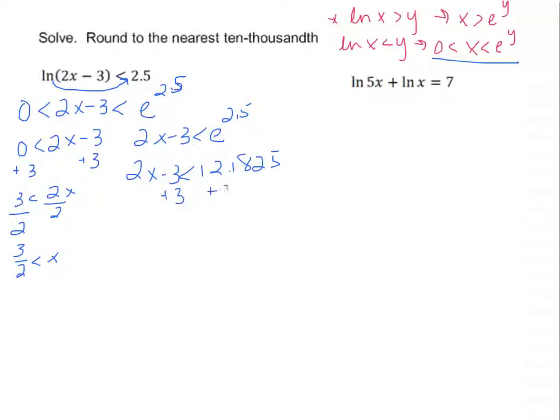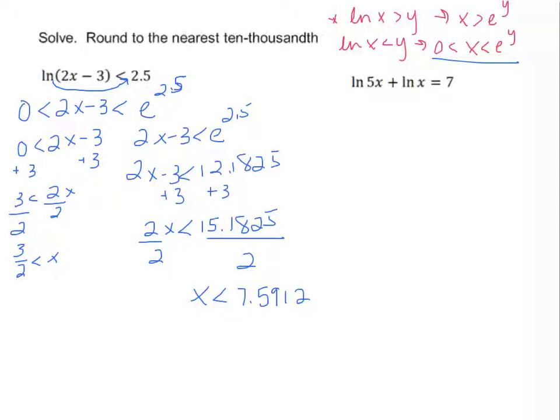So you're going to add 3 to both sides, so when you have 2x is less than 15.1825, divide both sides by 2, and you get x is less than 7.5912.